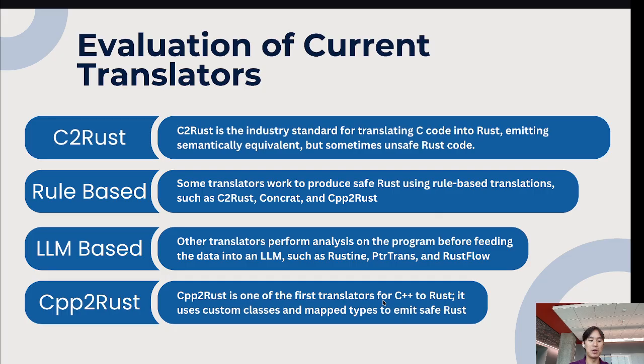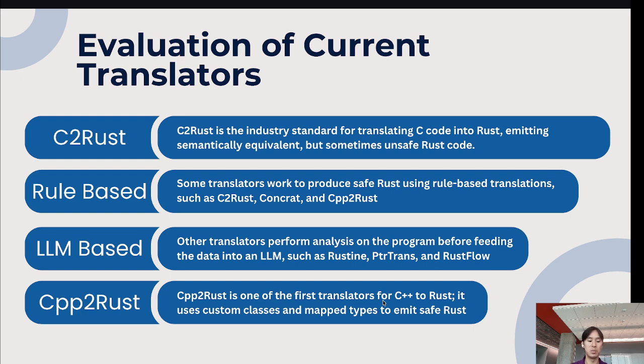And then there's LLM-based translations. These translators typically perform analysis on the program before feeding this analysis data into an LLM, which then outputs the Rust code. Some examples of this include Rustine, PointerTrans, and Rustflow. These are other translator frameworks that are current and are very popular.